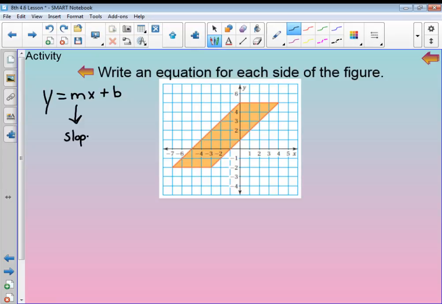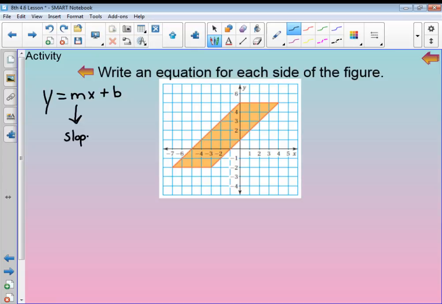And now we'll go ahead and check our rise and our run. So there's where it's intersecting. So we have a rise of 1 and a run of 1. So 1 over 1 is 1. And once again, that is a positive line because it's going up from left to right. So for our blue side, we have y equals 1x plus 1. Taking note that we have the same slope, so they were parallel to each other.